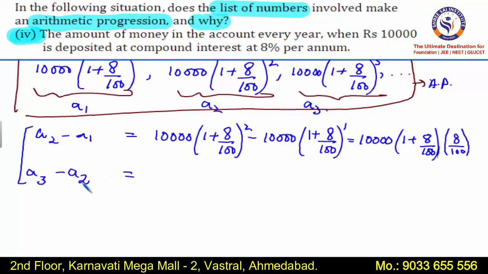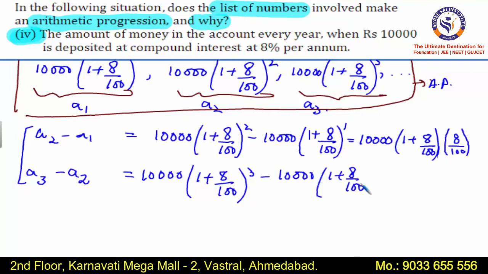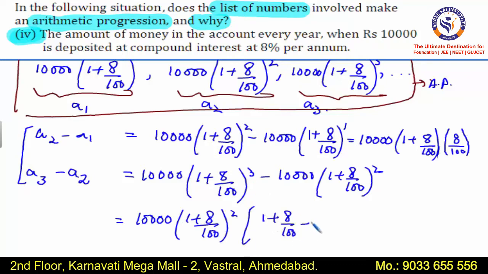Now let us calculate A3 minus A2. Here we have 10,000 into 1 plus 8 upon 100 raised to the power 3 minus 10,000 into 1 plus 8 upon 100 whole square. This is equal to 10,000 into 1 plus 8 upon 100 whole square taking common, and here we are left with 1 plus 8 upon 100 minus 1. This is equal to 10,000 into 1 plus 8 upon 100 whole square into 8 upon 100.